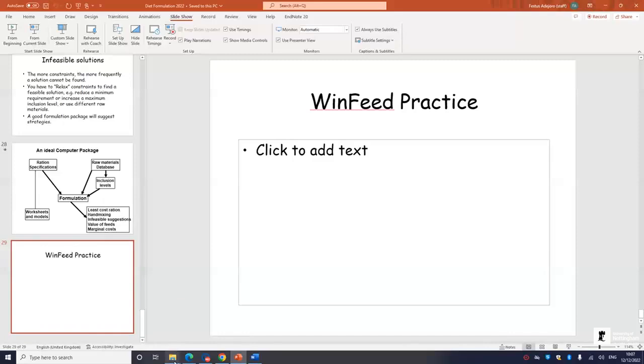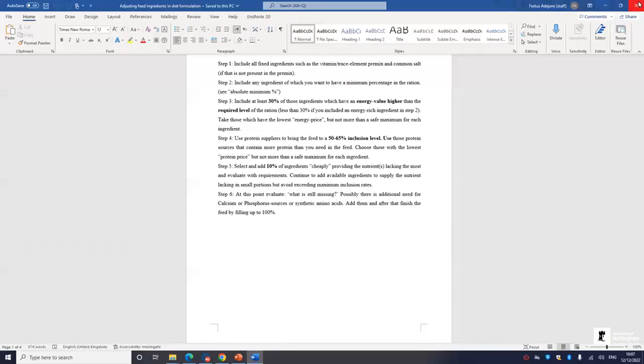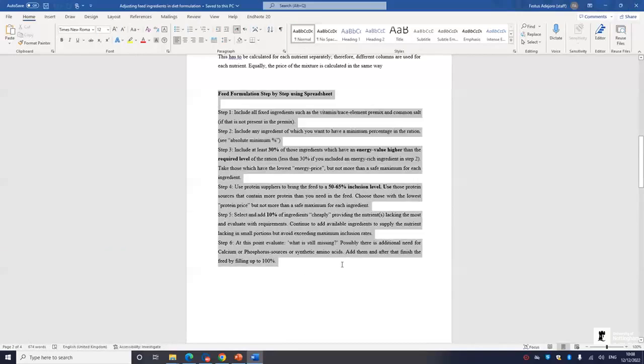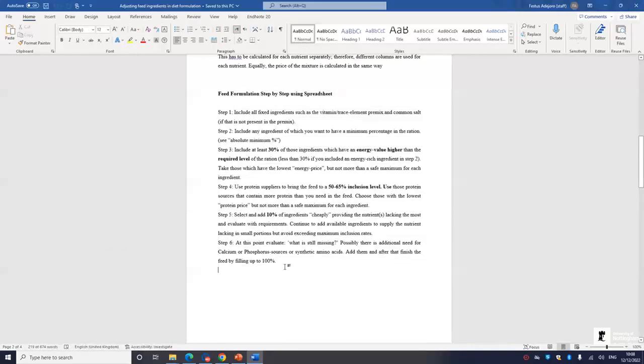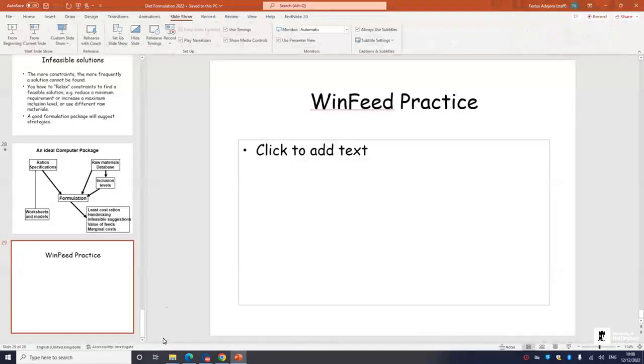So for example, if you are going to formulate feed using the spreadsheet, these are the basic steps you might want to consider to follow. But basically, the ultimate aim is to be able to include each of those ingredients in a way that they all add up to 100% or to a fraction of 1 and meet the requirement of the animal.